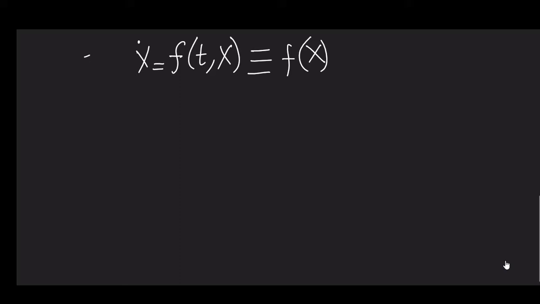Simply stated, if the rate of change of your derivative becomes independent of time, or simply stated the system is not time varying or time invariant in nature, then we say it is an autonomous system. We can write it like x dot is equal to f of x.